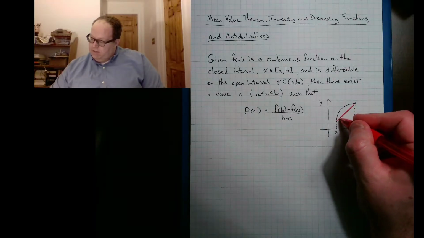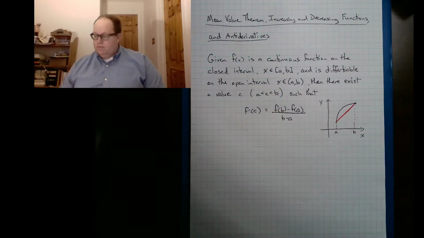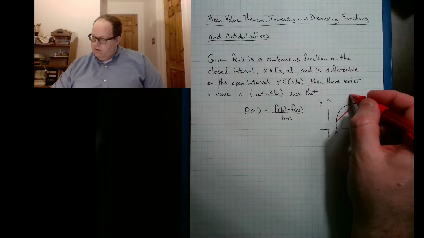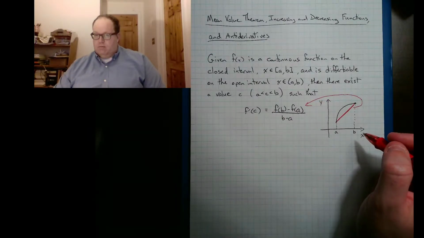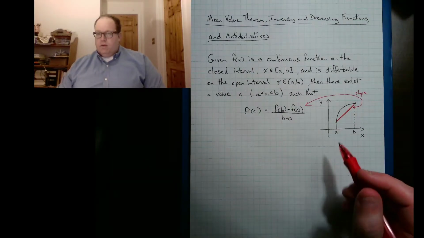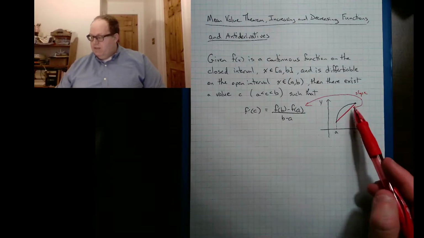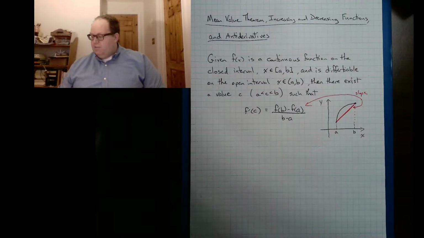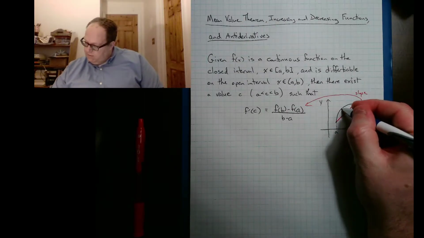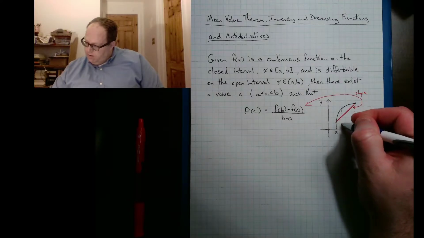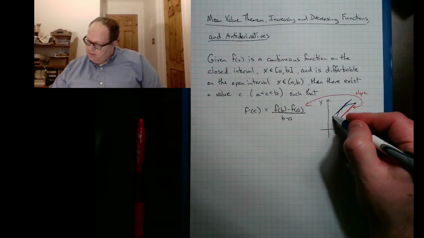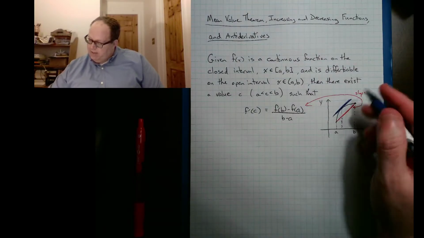If I draw a line connecting my endpoints, then the slope of this line would be given by this statement. The mean value theorem for derivatives states that on your overall function, there has to be some point c such that a tangent line to the function at that point has the same slope. Oh, that's a terrible straight line.